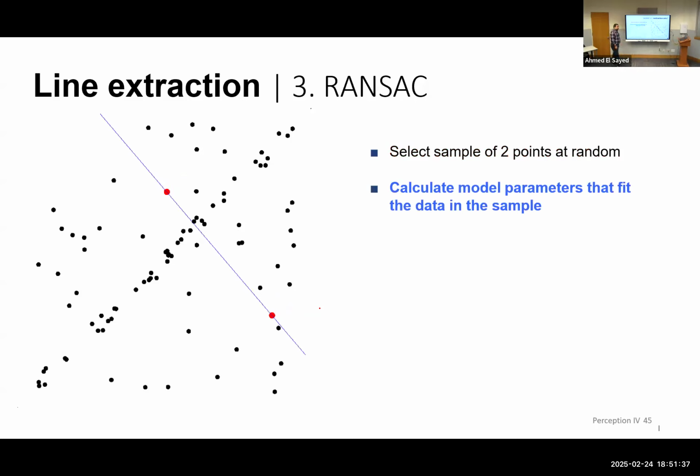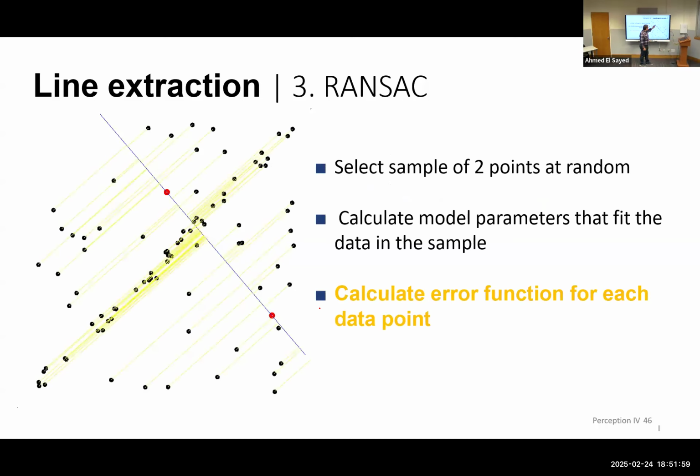What's next? Calculate the error between the line you generated and all other points. Are all those points on that line or no? So I will measure the distance between the other points and that line.